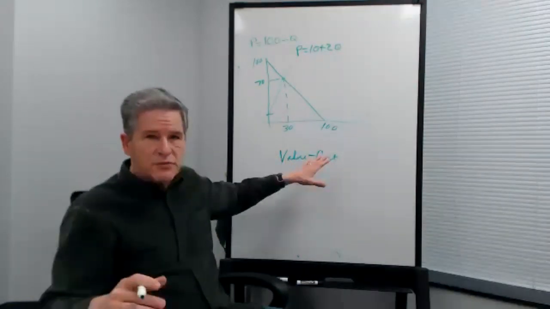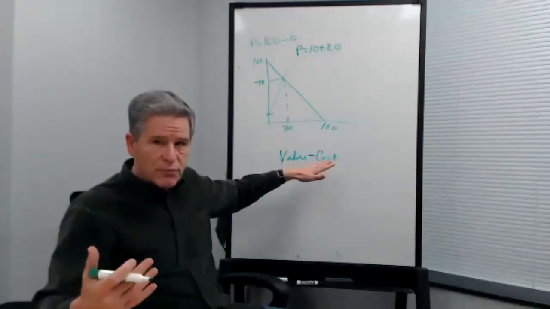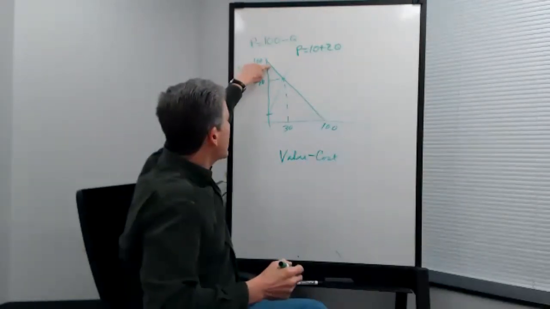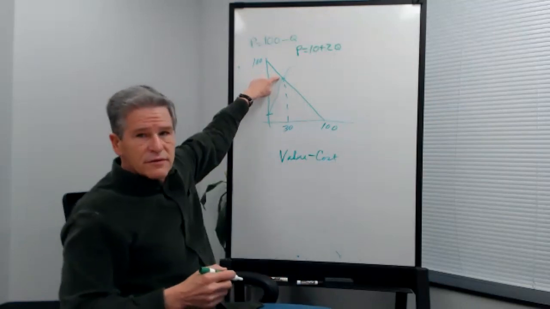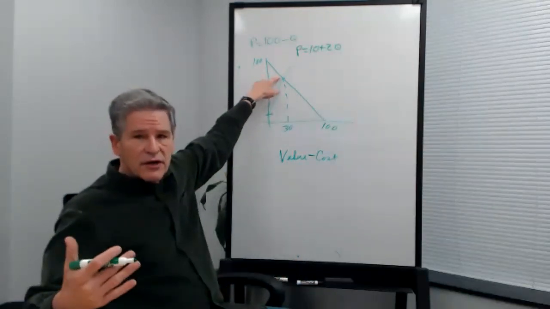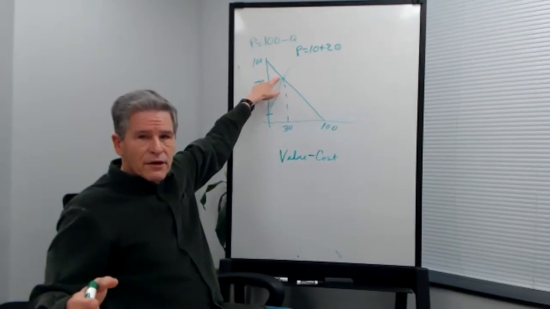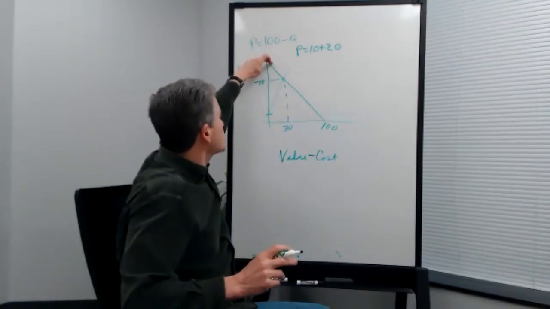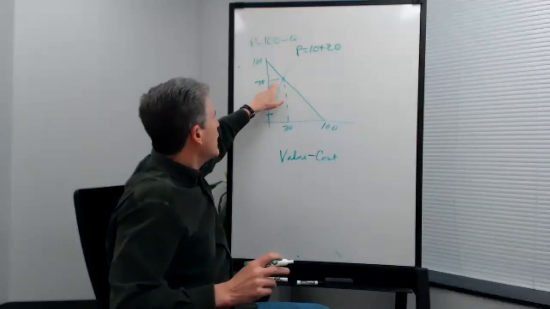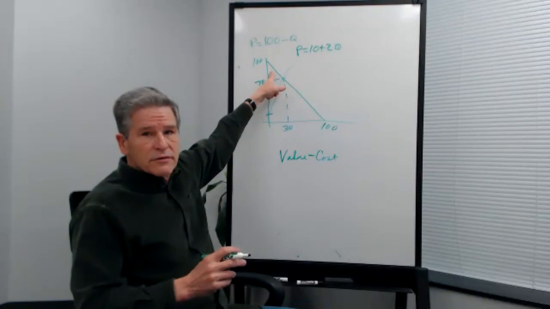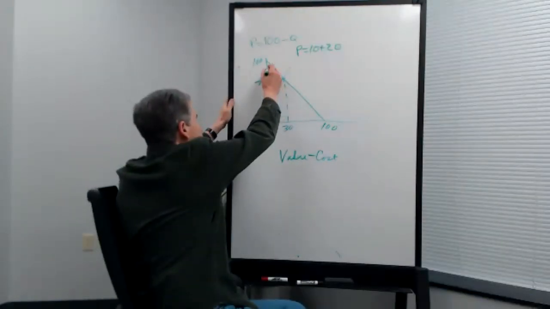Sometimes there are other costs, but in most markets it's just the price. Their value is defined by this demand curve, because we already talked about how the demand curve represents willingness to pay, and that is equal to value. So I need to know the gap between value and cost, and that gives me this triangle up here. So I need to know how big that triangle is.